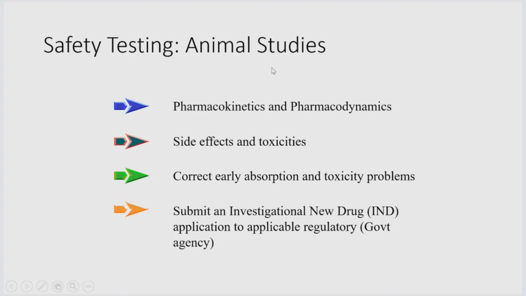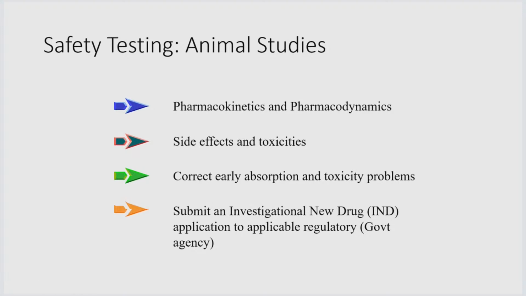If everything is okay till now, then they can file their application, which is known as the investigational new drug application. Why is it known as investigational? Because you are investigating it, and submitting to a regulatory body, a government agency. If it is happening in the US, that may be the FDA.